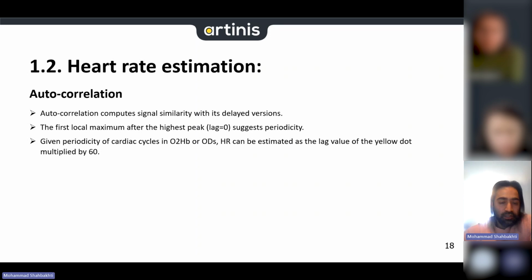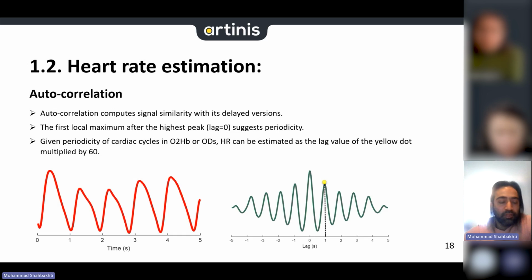Given that the cardiac cycles in O2HP or optical densities are super clear and somewhat periodic, we can use autocorrelation to estimate HR as the lag value of the yellow dot here multiplied by 60.